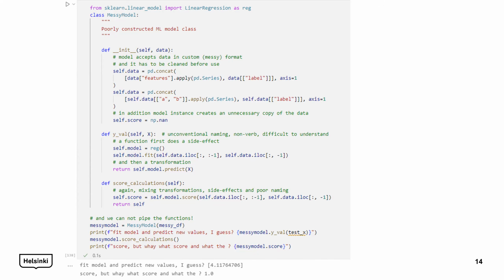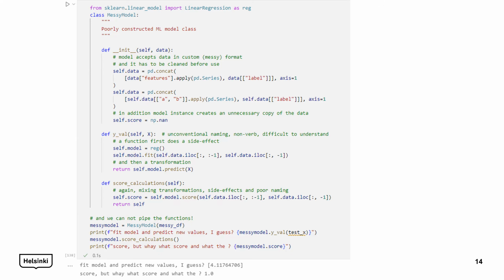The model takes in data in a non-tidy, custom format. This makes it challenging because we then have to modify the data inside the model. And we go even further and make a copy of the data, which is again bad because it breaks consistency and causes all sorts of reproducibility issues.